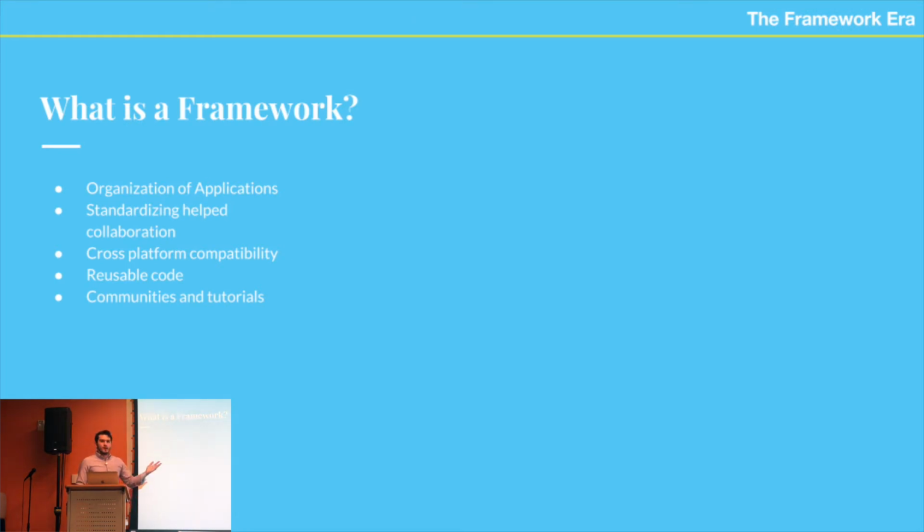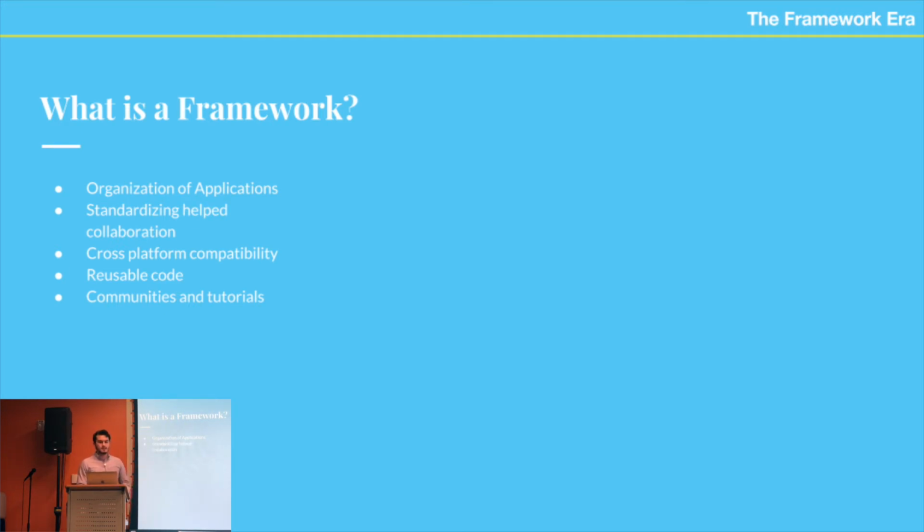So, the framework era. What is a framework? So, it's a library. That's all it is. It's a way to help you organize applications, right? Imagine if you didn't have a framework and you did it your own way with vanilla JavaScript. When you came and looked at my applications and I did it my own way, things look very different. You wouldn't know what's going on. So fortunately, frameworks allow us to have some sort of common ground.